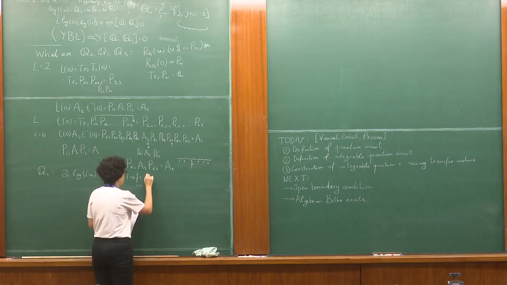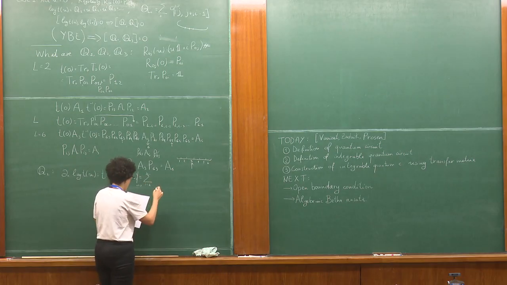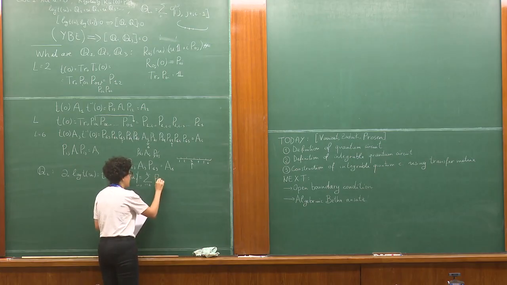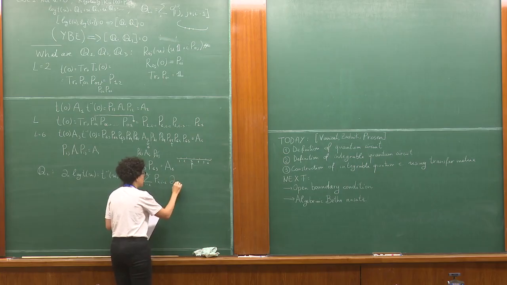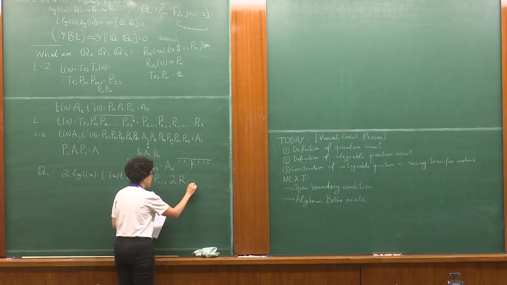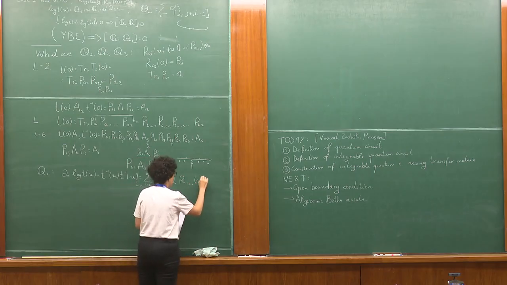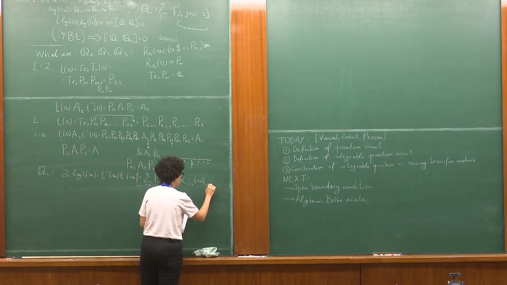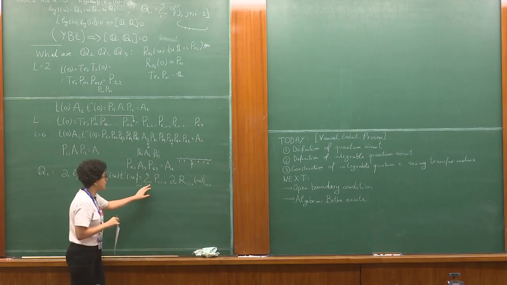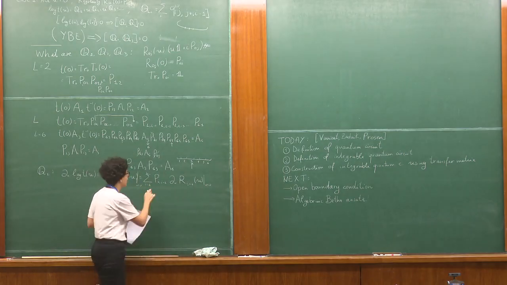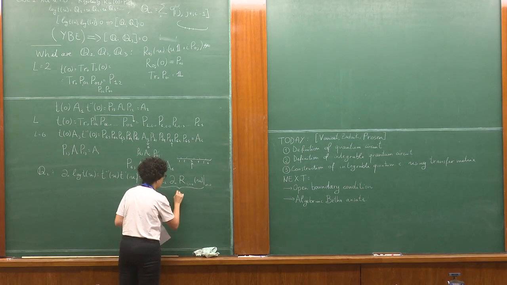This is the sum from 1 to L of P_{i,i+1} times the derivative of R_{i,i+1}(u) at u equals 0. So this is a sum of range 2 objects, so I can identify this one as my Hamiltonian, H_{i,i+1}.